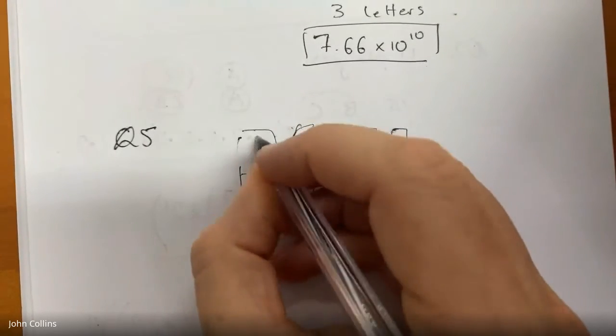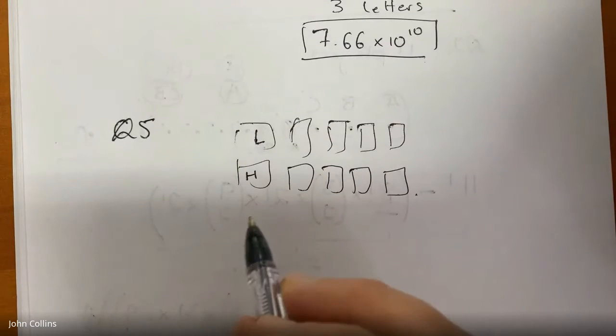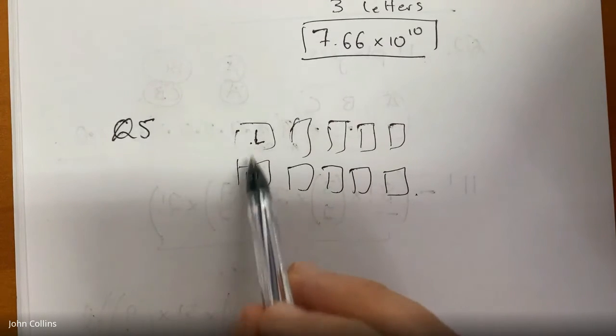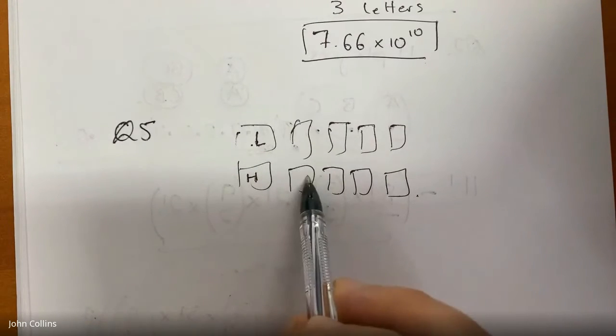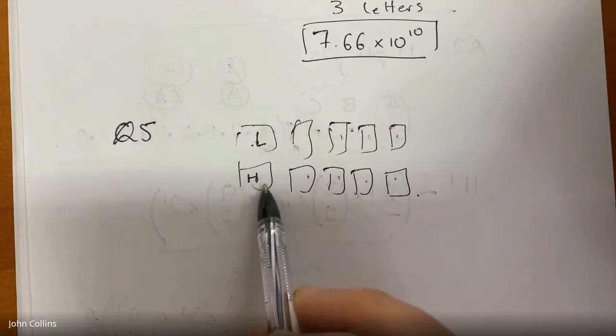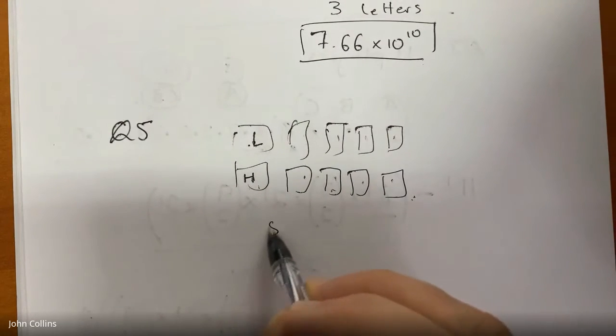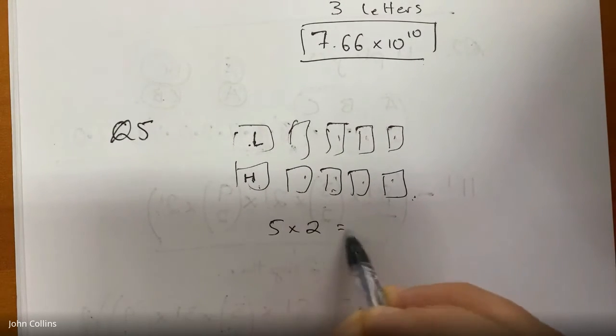Would I be right in saying they can be in these two, in these two, in these two, in these two? Yep. And they can go the other way around, Hugo, Leo, Leo, Hugo. So that's 5 different slots, but each can be arranged two different ways, so that's 10.